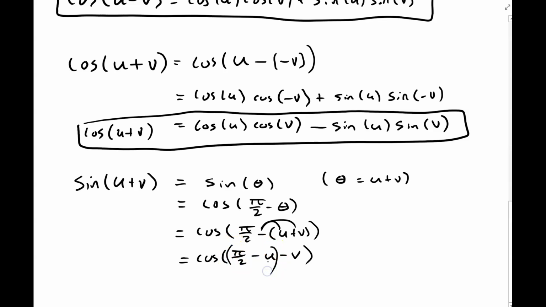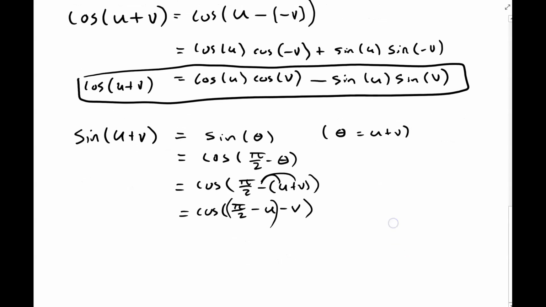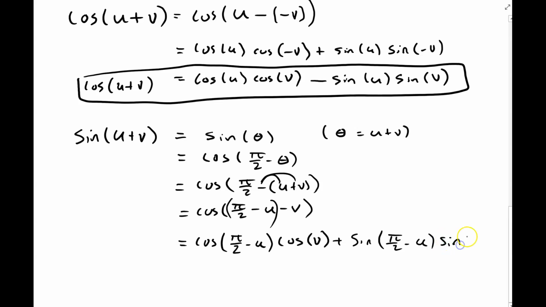And I'm going to group these two together, and I'm going to apply the angle difference formula for cosine that we developed just a moment ago. So I'm going to have cosine of angle u times cosine of angle v plus sine of angle u times sine of angle v.